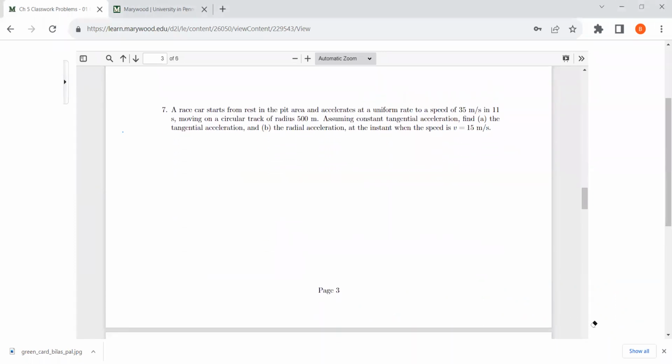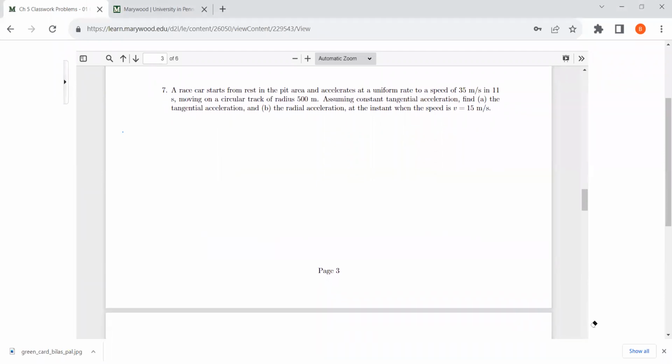All right, so let's move on. Number 7 is about non-uniform circular motion. As you know, when an object is in non-uniform circular motion, we have two types of acceleration.